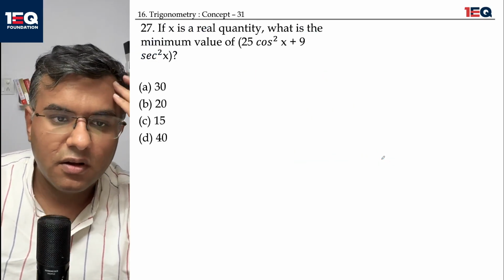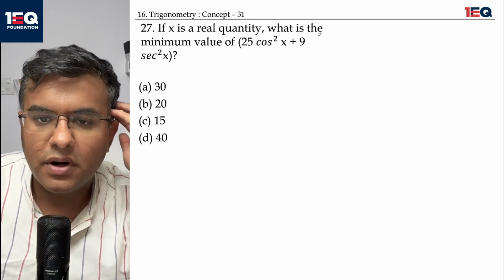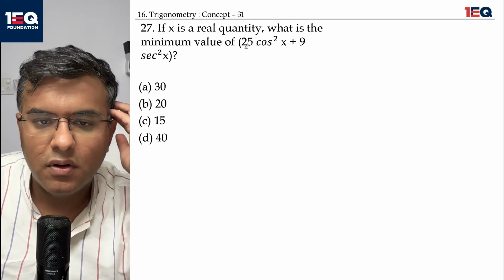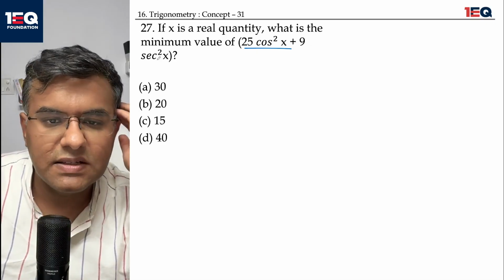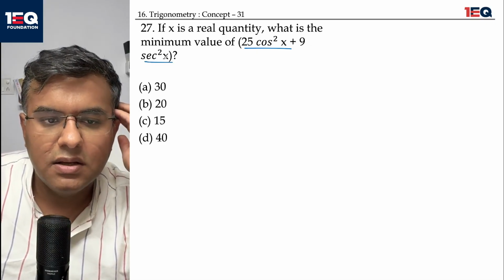Okay, now if x is a real quantity, then what is the minimum value of 25 cosec square x plus 9 sec square x?